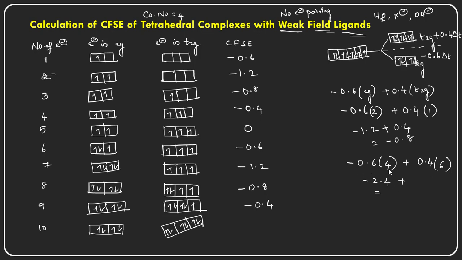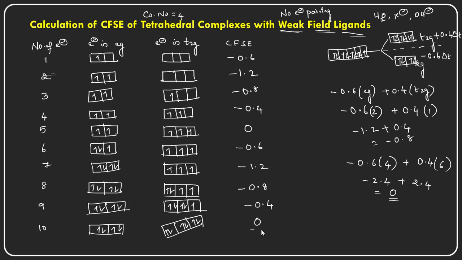So minus 0.6 into 4, that is minus 2.4, and plus 0.4, because each one of the electrons present in the T2G orbitals carries a plus 0.4 energy, into 6 electrons. How many electrons are there in the T2G orbital? 6 electrons. So this value will give plus 2.4. So minus 2.4 plus 2.4 will give 0.